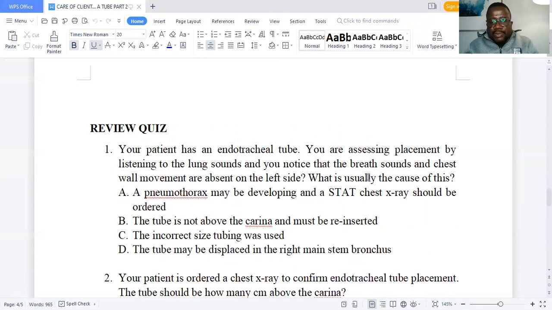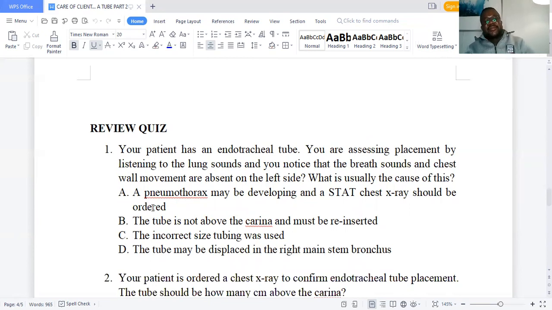You are assessing placement by listening to the lung sounds, and you notice that the breath sounds and chest wall movement are absent on the left side. What is usually the cause of this?